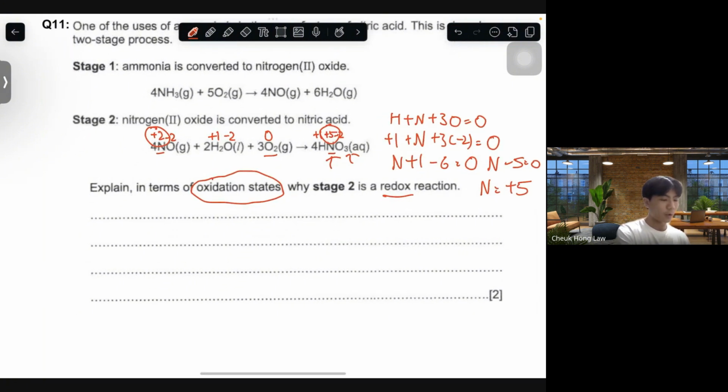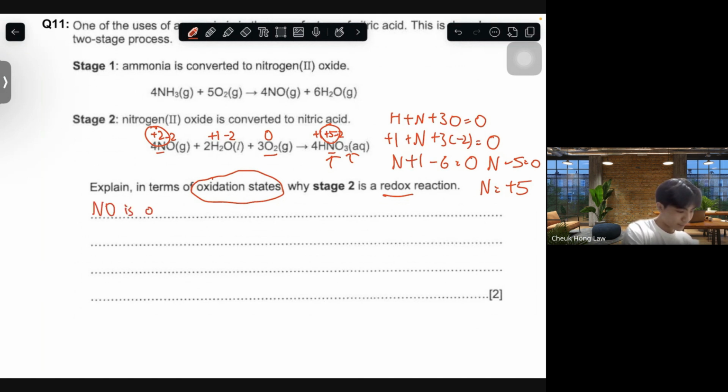First, you mention that the whole compound is oxidized. So NO is oxidized. That is your statement. Then now you have to explain it in terms of oxidation state. Because the oxidation state of what element are we talking about here? Nitrogen.